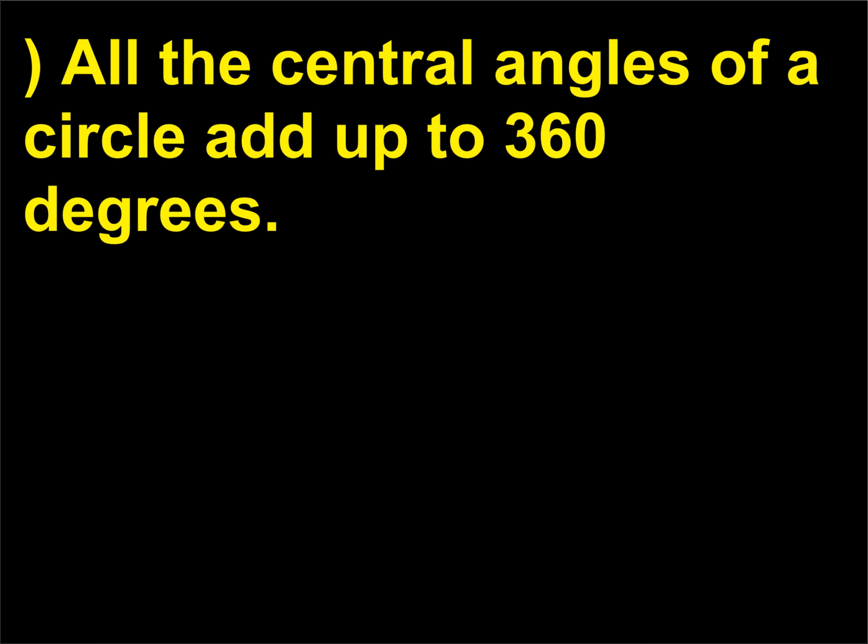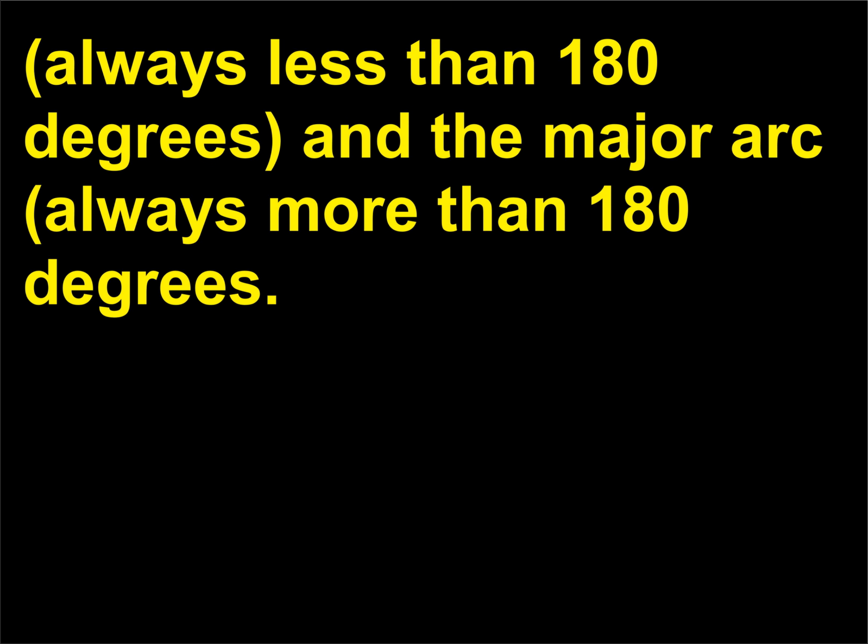All the central angles of a circle add up to 360 degrees. Every central angle cuts the circle into two arcs, the minor arc, always less than 180 degrees, and the major arc, always more than 180 degrees.